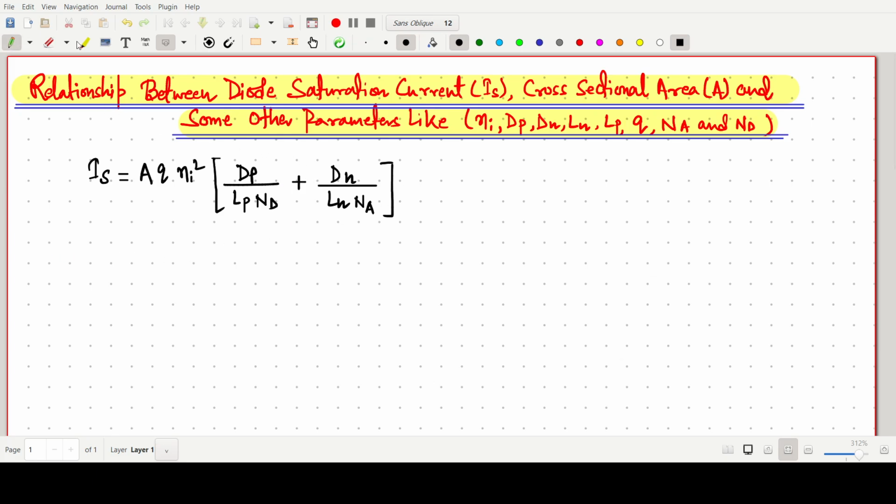So the above equation gives a very simple observation: the diode saturation current Is is directly proportional to the cross-sectional area.